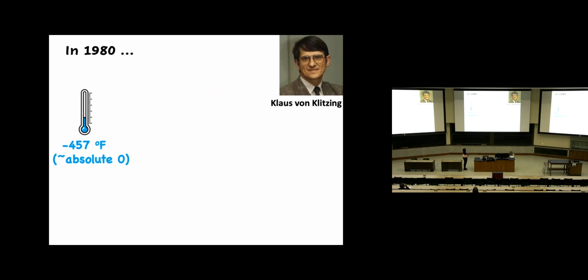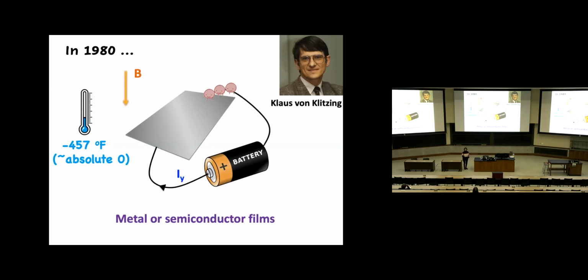In 1980, Klaus von Klitzing, a German physicist, cooled the environment down to a very, very low temperature, close to absolute zero, and did the same experiment all over again.